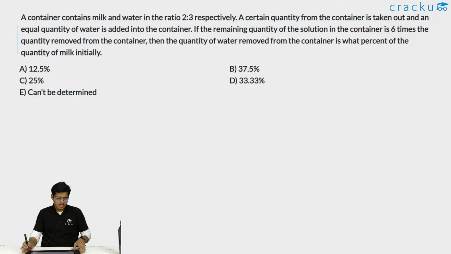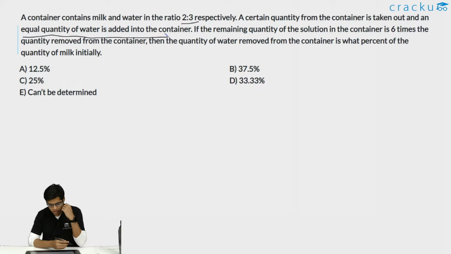So let's read this. A container contains milk and water in the ratio 2:3 respectively. A certain quantity from the container is taken out and an equal quantity of water is added into the container. If the remaining quantity of the solution in the container is 6 times the quantity removed from the container, then the quantity of water removed from the container is what percent of the quantity of milk initially?